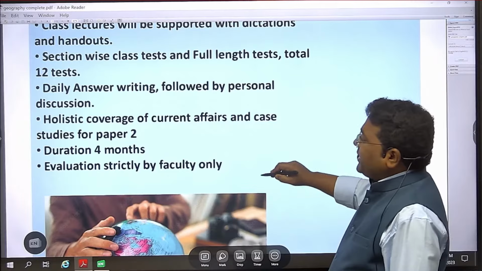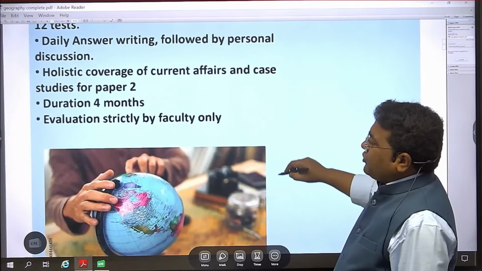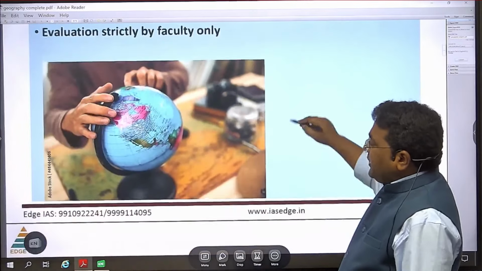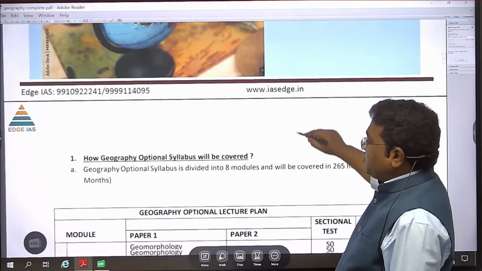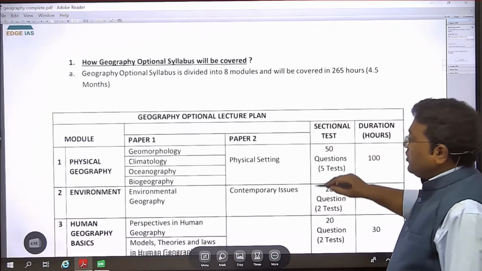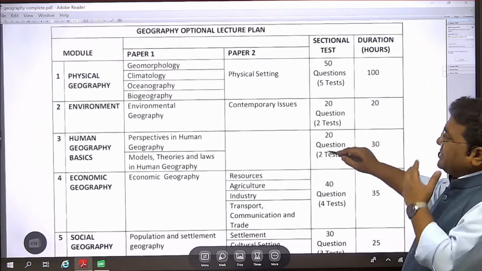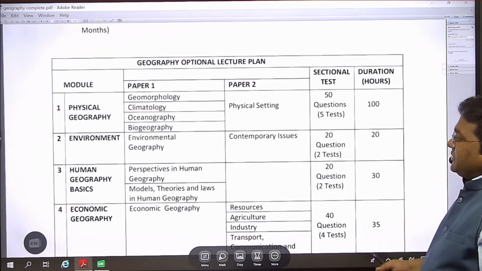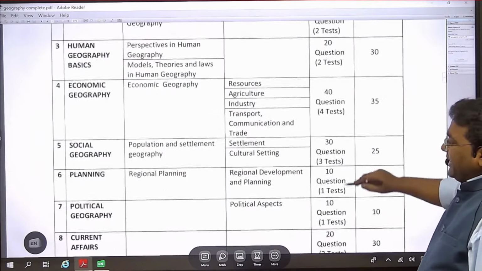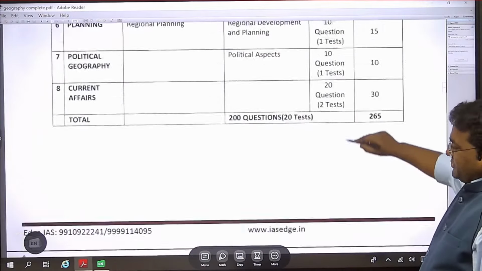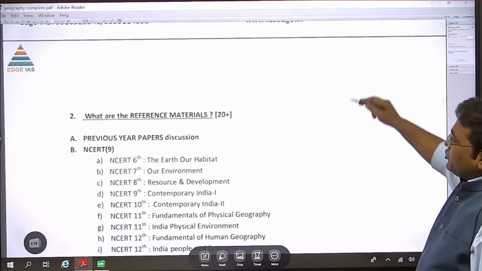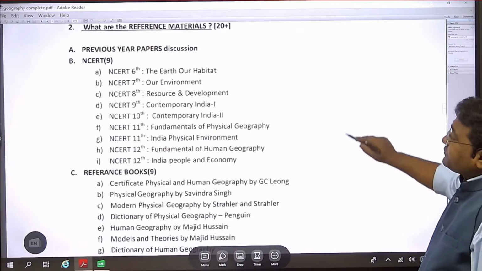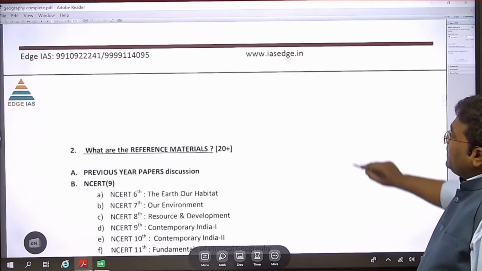So we will be covering the syllabus in a duration of 4 months, and I will be evaluating the entire topics, right? Before that, how many classes we are going to take to finish physical geography, environment and other topics, I will first explain the syllabus, then we will come to the duration and all, right? So I will be showing it anyway.